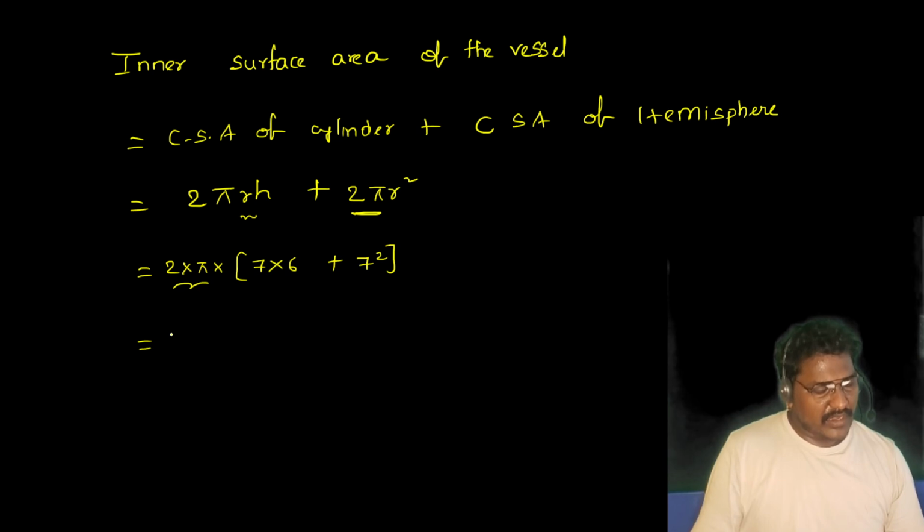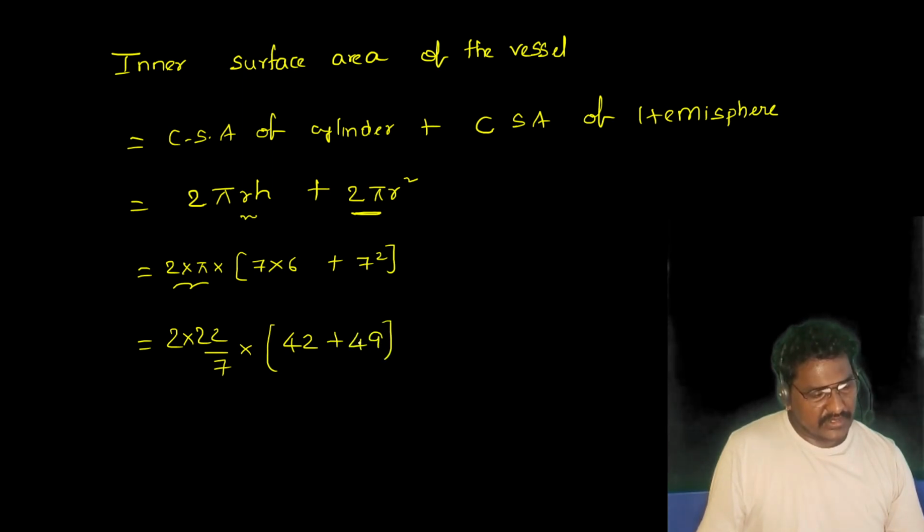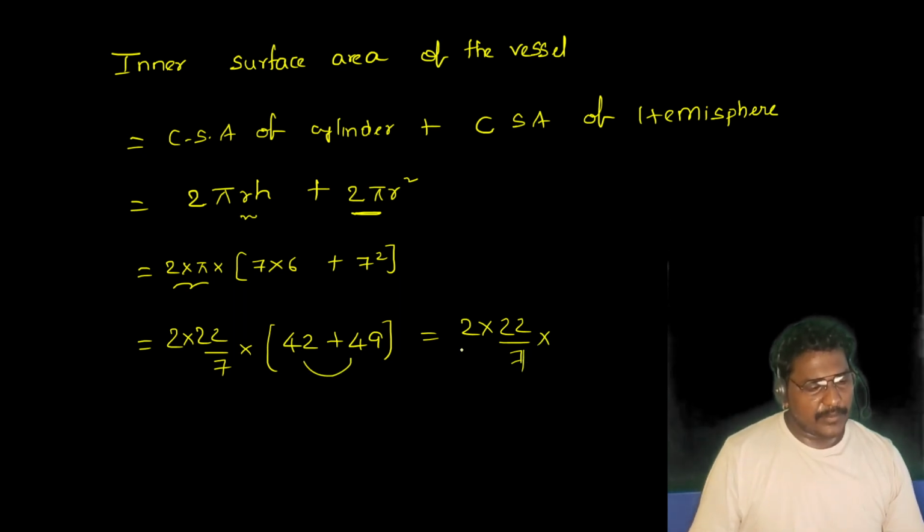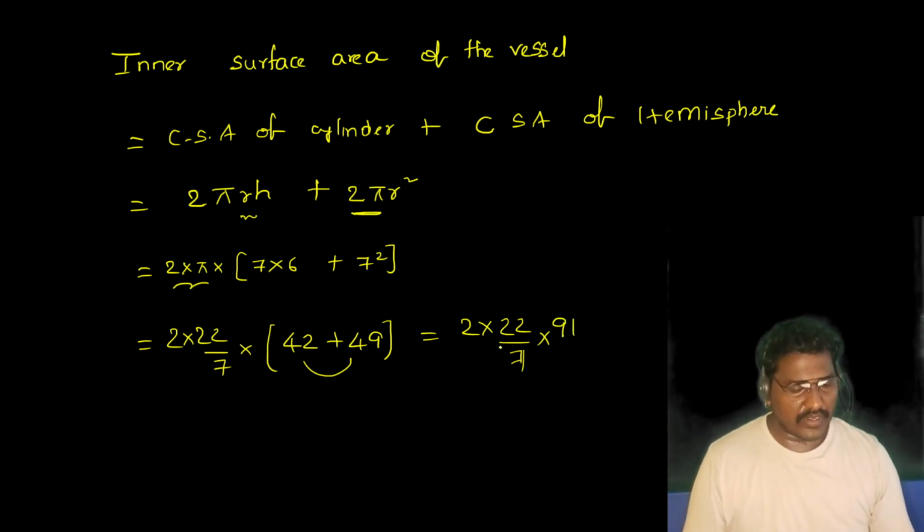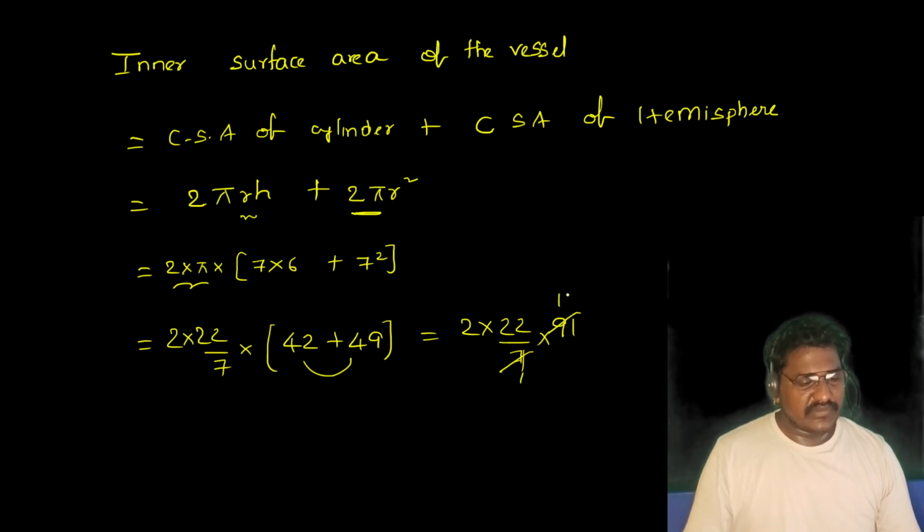Now if you calculate it, 2 into 22 by 7 into 42 plus 49, it will become 91. Now 7 ones are 7, 13s are 91.